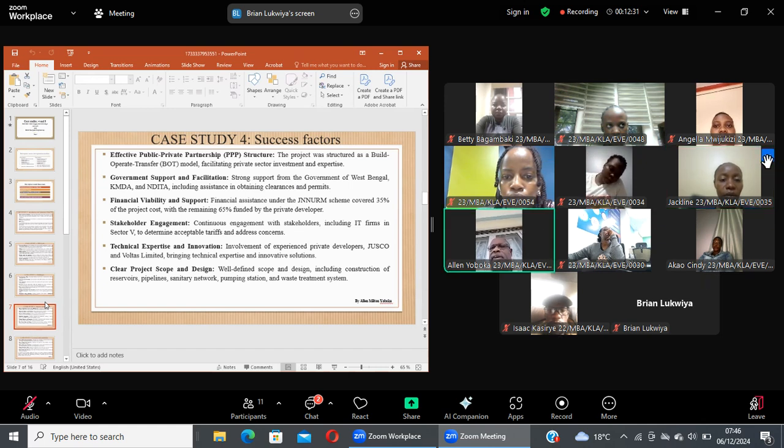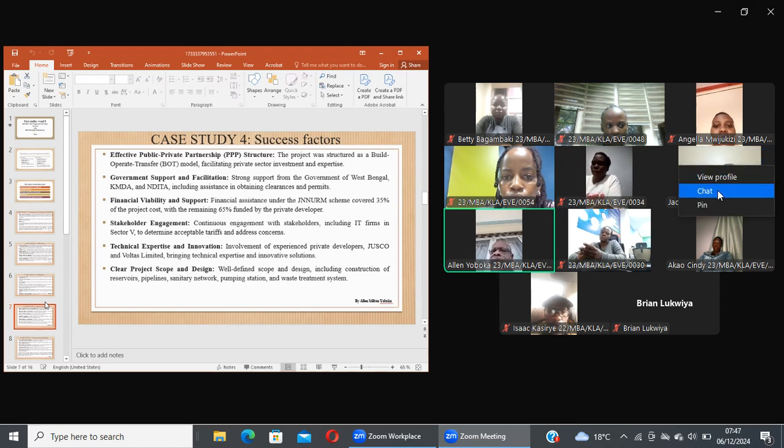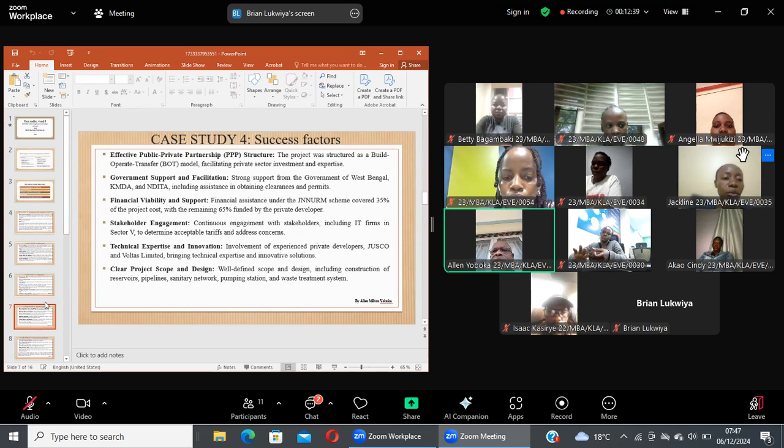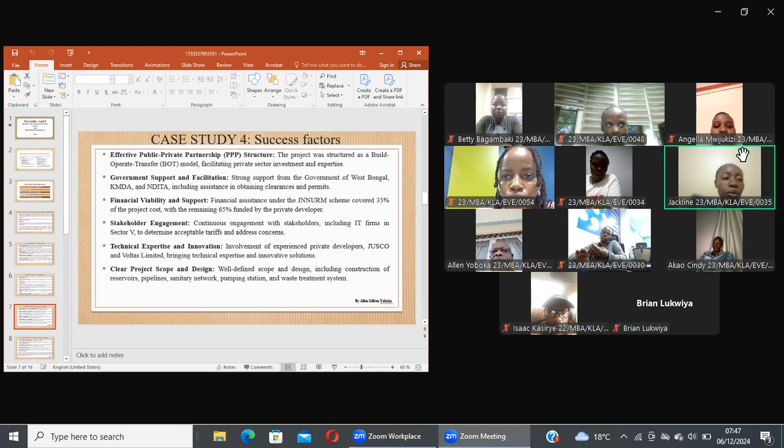In view of this, the objectives were clearly stated. The government of West Bengal set out to upgrade Sector 5 of Salt Lake City of Kolkata as a technical hub of international repute.